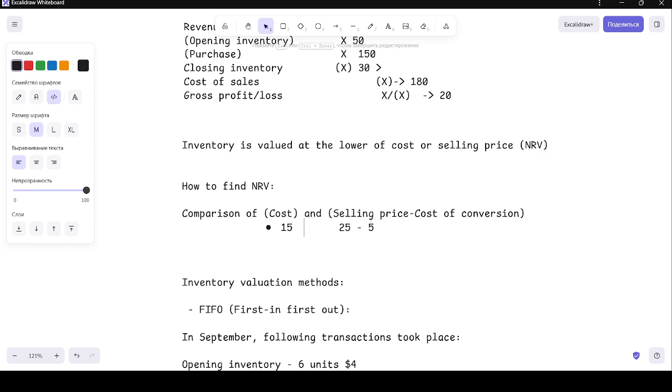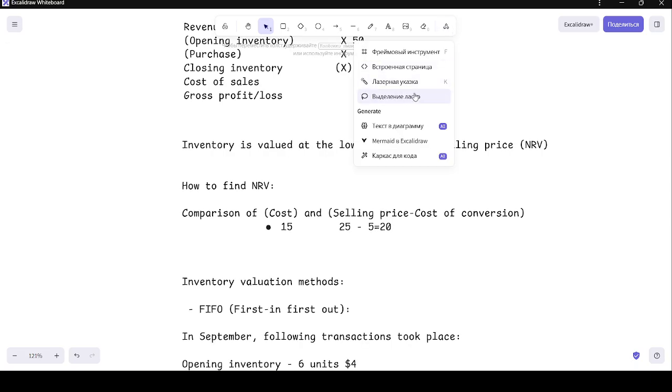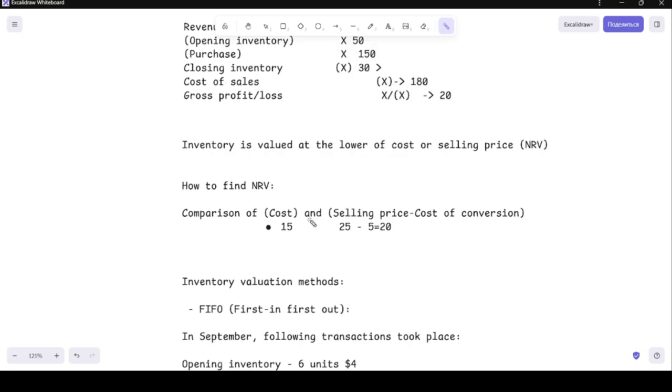This gives us $20. So in this case our NRV will be 15. Why? Because we are taking the lower of cost and also selling price. Selling price is fine here, selling price less cost of conversion.